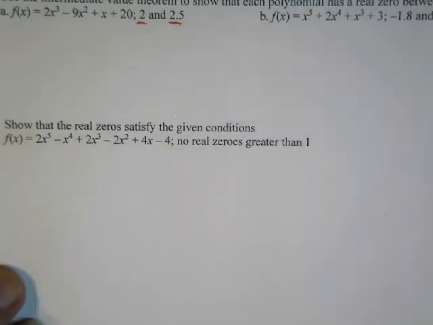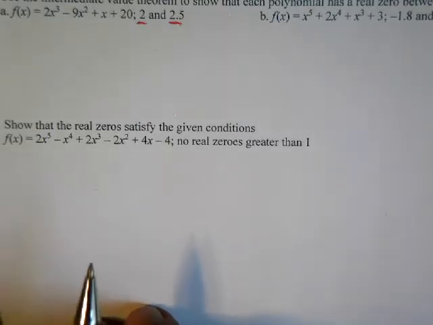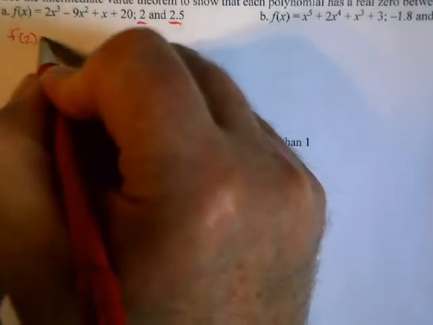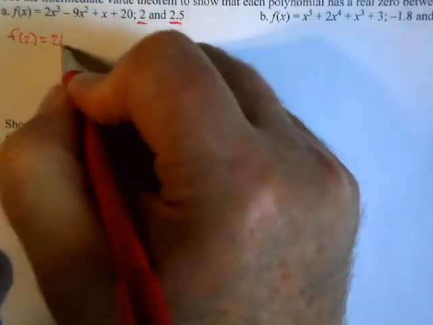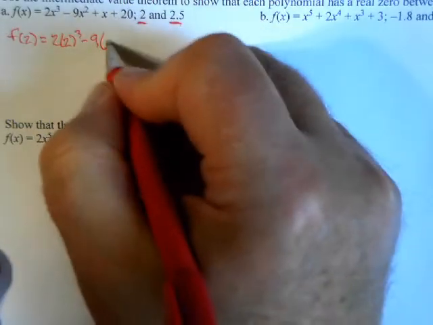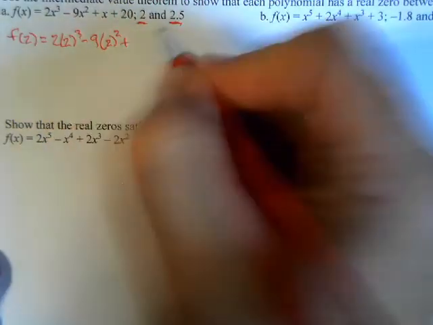So first off, let's look at f of 2. So 2 cubed minus 9 times 2 squared plus 2 plus 20. And it turns out that equals 2.